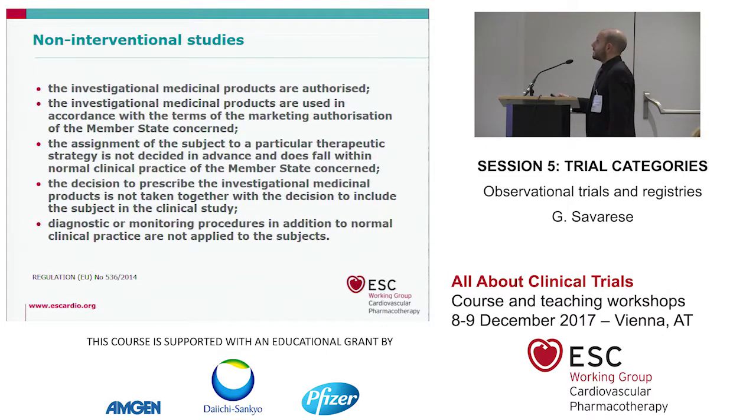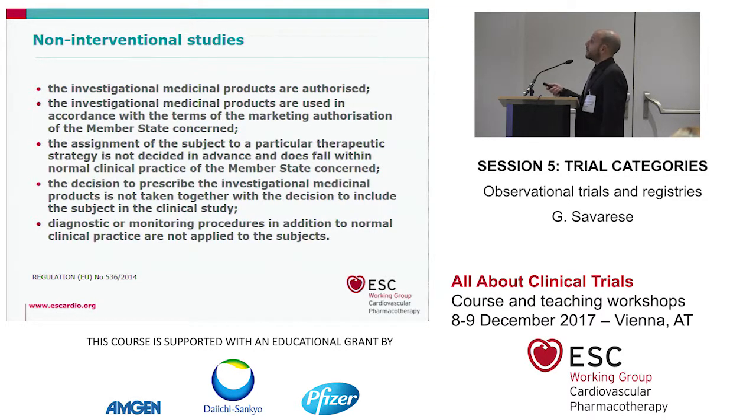So what does it mean that observational studies are non-interventional? It means that the investigational medicinal products are authorized, so we are not testing new treatments. They are used in accordance with the terms of the marketing authorization of the member state concerned.